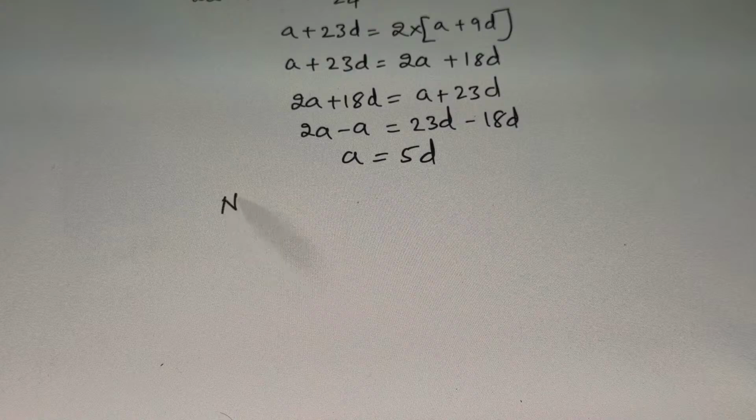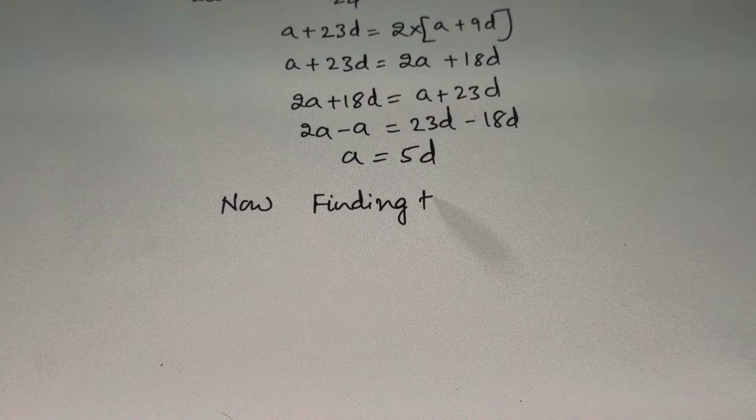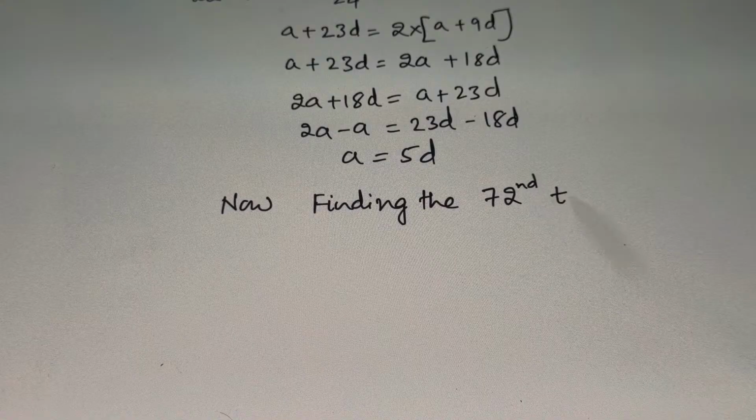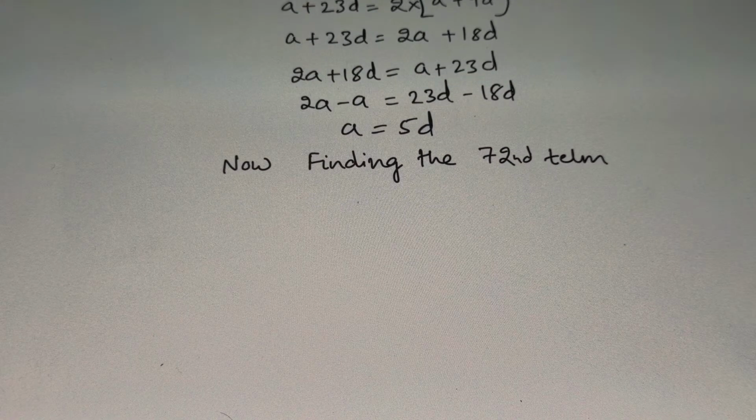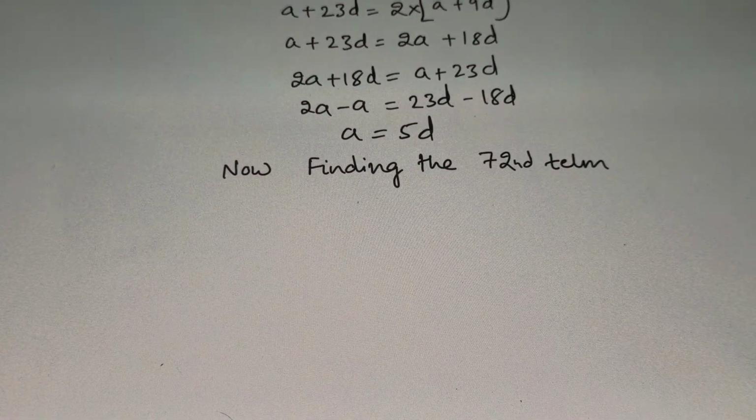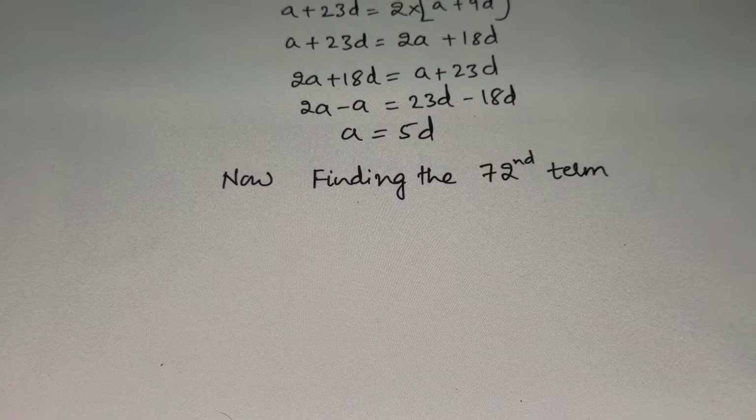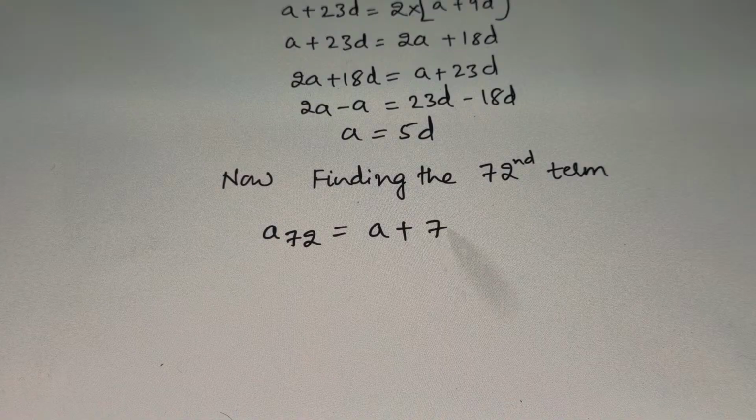Now for the 72nd term we need to calculate. A72 is equal to A plus 71D.